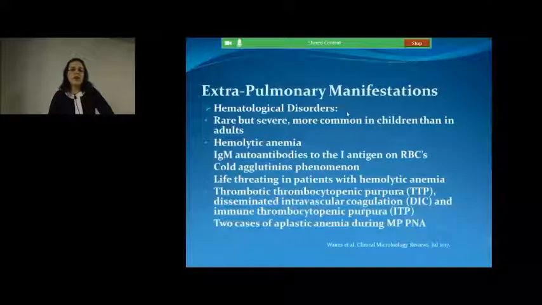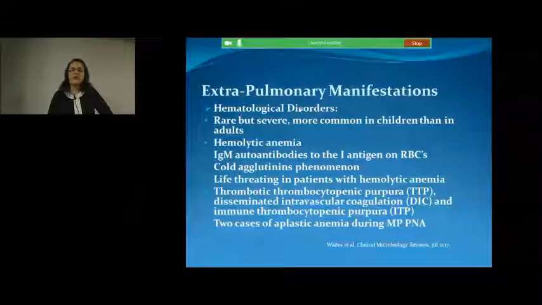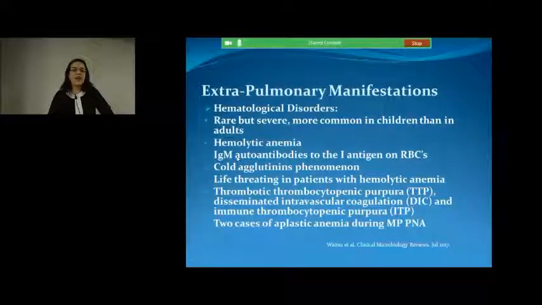Hematological disorders are rare as an extrapulmonary manifestation of Mycoplasma infection, but they are severe and they are more common in children. Most commonly, Mycoplasma can cause a hemolytic anemia by the production of IgM autoantibodies against the I antigen of the RBCs.